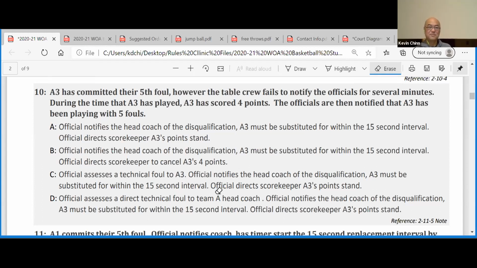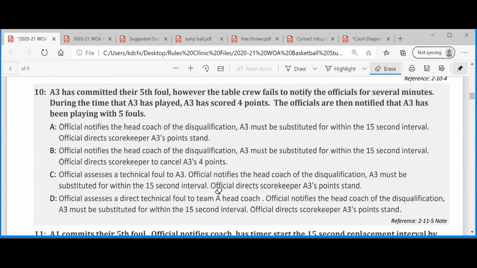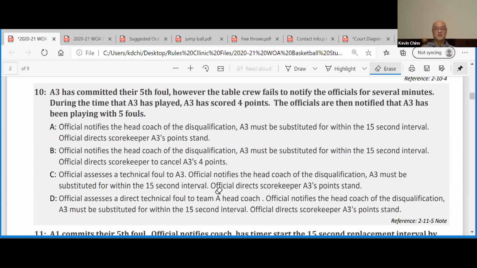Anybody else? I had A as well. I agree with A. I also agree with A. So what's wrong with B? Why can't we take off A3's points?